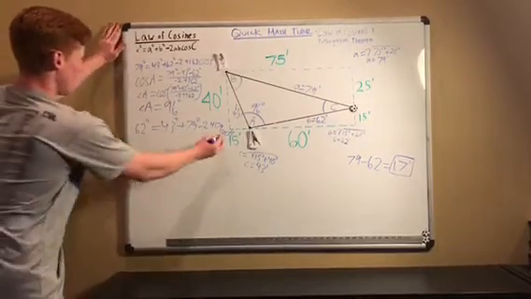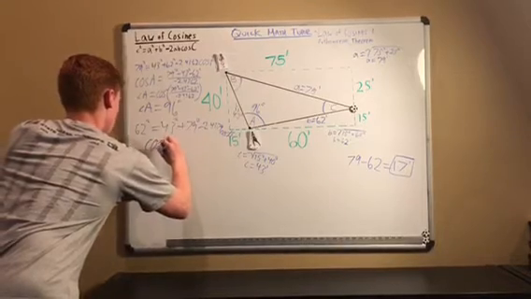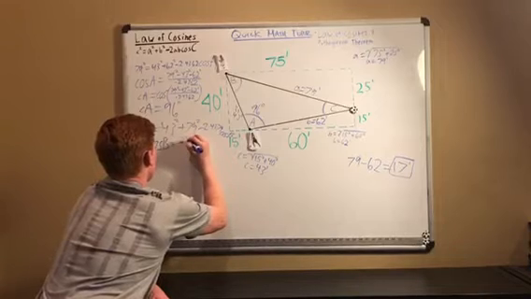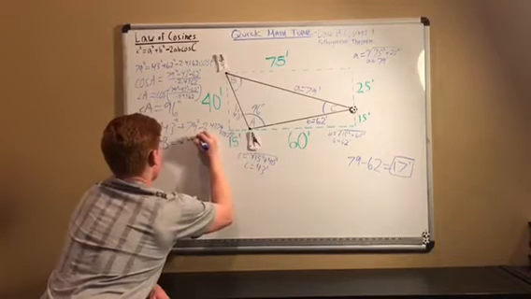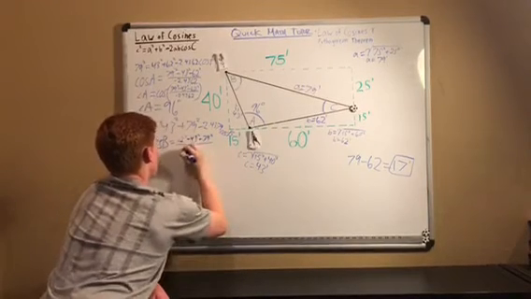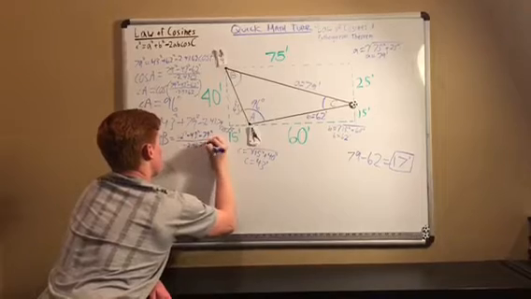Okay, then to solve for angle B, bring cosine B equals 62 squared minus 43 squared minus 79 squared over negative 2 times 43 times 79.